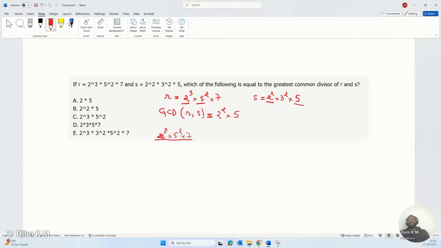To know that this value is a divisor, we need to find an integer. We will have 2 to the power 1, 5 to the power 1, and then 7. So this will give us 2 times 5 times 7, so this is an integer.